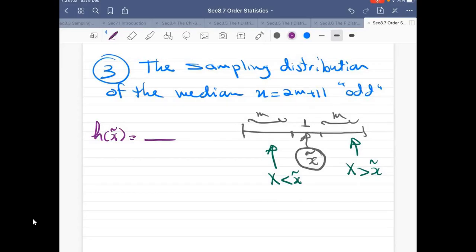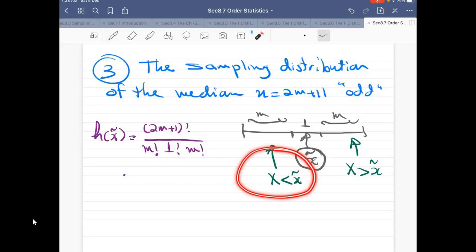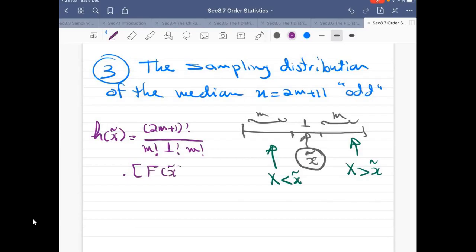Okay, so we have n factorial, and the n factorial is just 2m plus 1 factorial divided by m factorial into 1 factorial into m factorial, multiplied by the probability of x to be less than x delta, less than the median. So this will be F capital of x delta power m multiplied by the density at the median, that is f at x delta, multiplied by the probability of x greater than the median, that is 1 minus F of x delta power m.